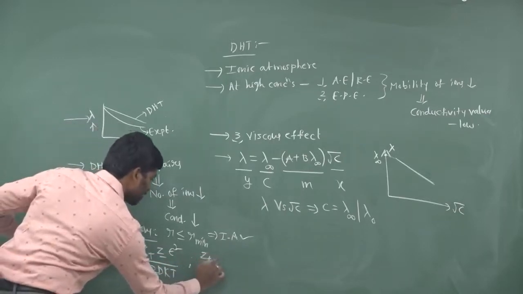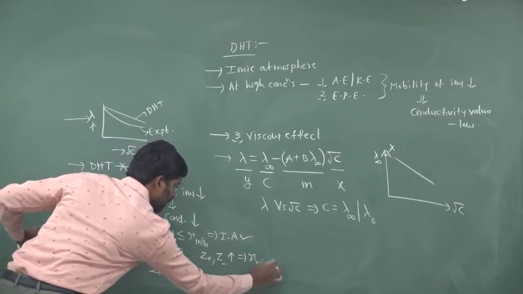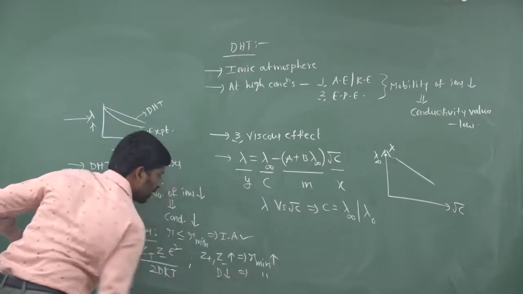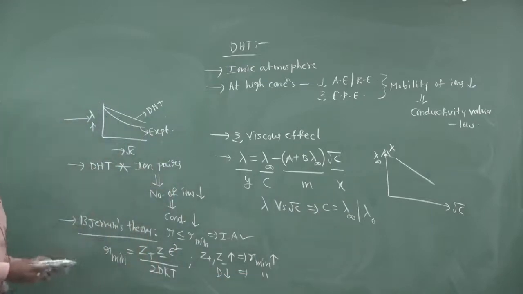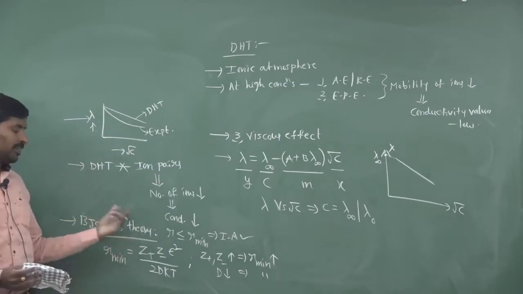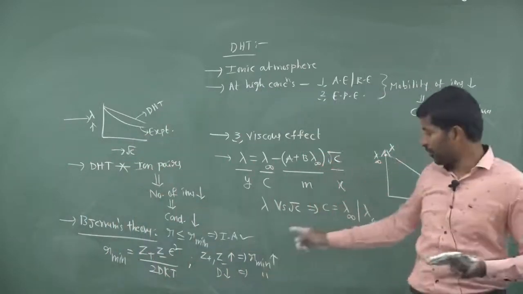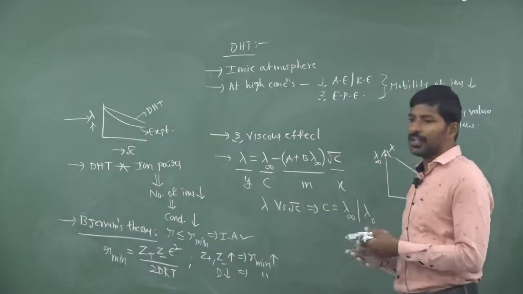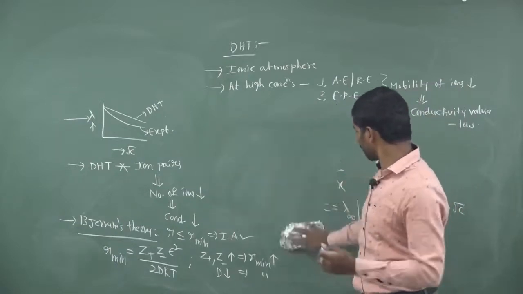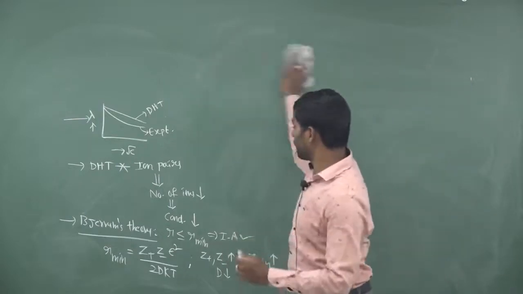That means as charges on the ions increase, R minimum increases, and as the dielectric constant of the medium decreases, R minimum increases. Whenever R minimum increases, more ions are involved in ion association, so the extent of ion association increases. That is the conclusion from Bjerrum's theory.